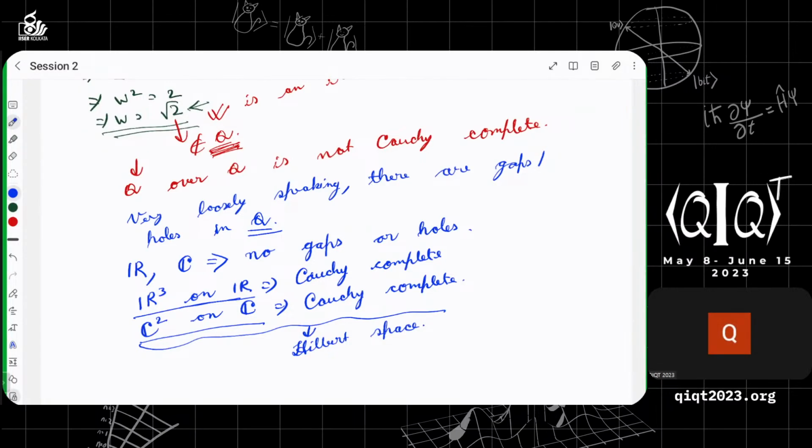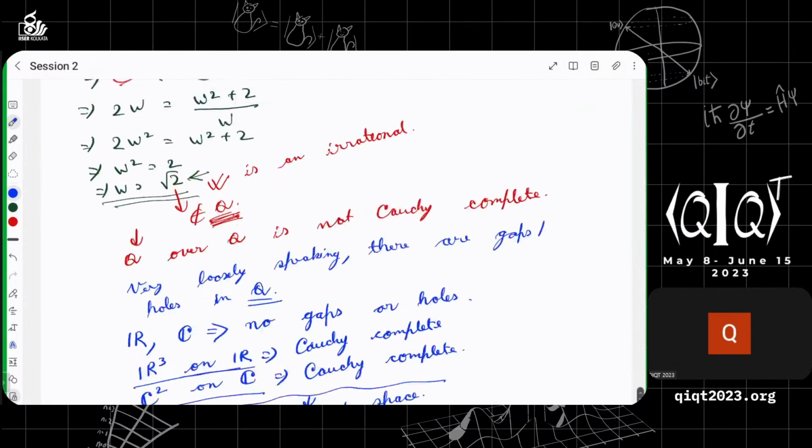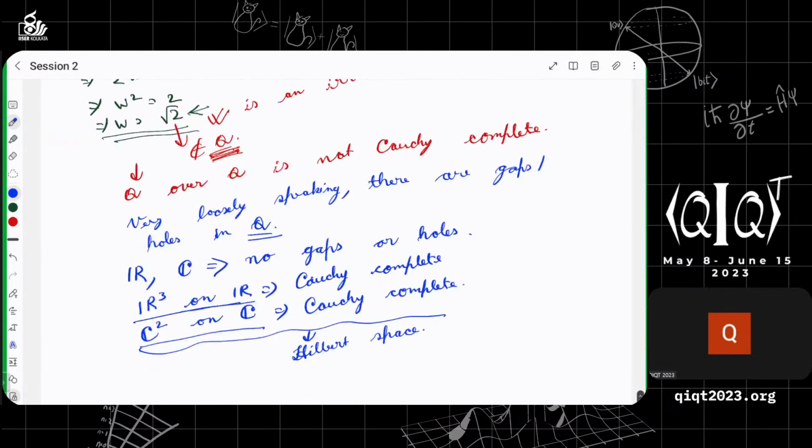It just ensures that there are no holes or gaps in the space, because then it would be difficult to establish the formalism of quantum mechanics as we will try to do now. So there's not really any role of Cauchy completeness as such, apart from ensuring that there are no holes in this space.